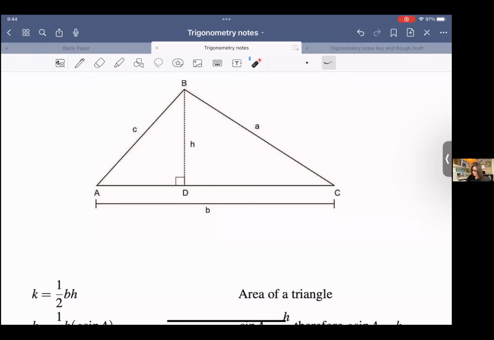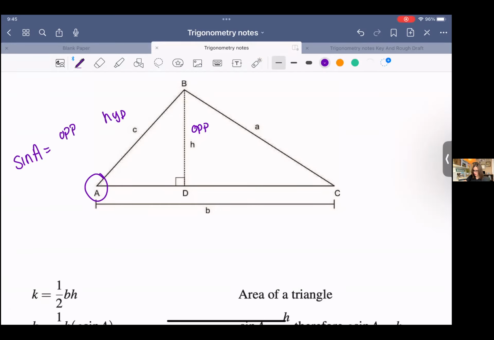If we can envision this as the hypotenuse because it's across from the right angle, and we're going to use angle A, this would be the opposite side. So we can say sine A equals opposite over hypotenuse. Write that down. Sine A equals opposite, which is height, over hypotenuse, which is C.